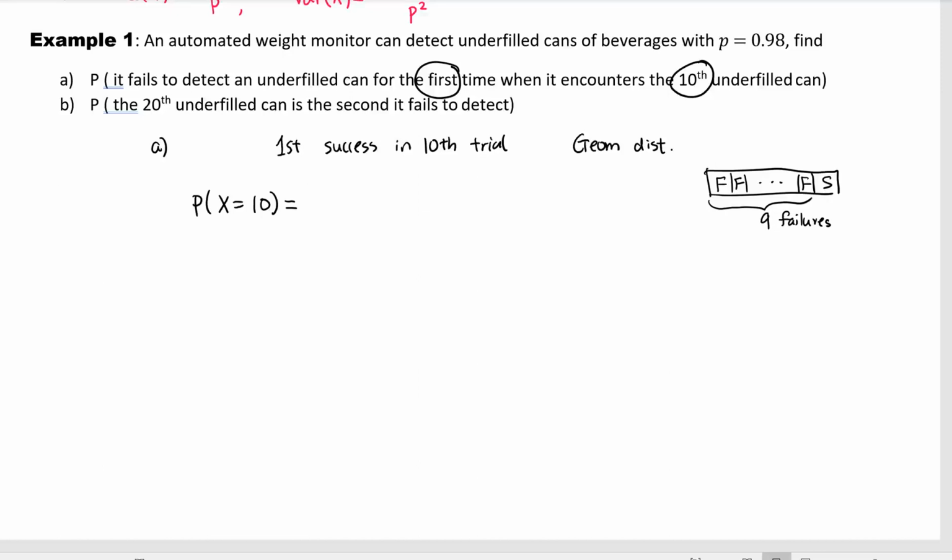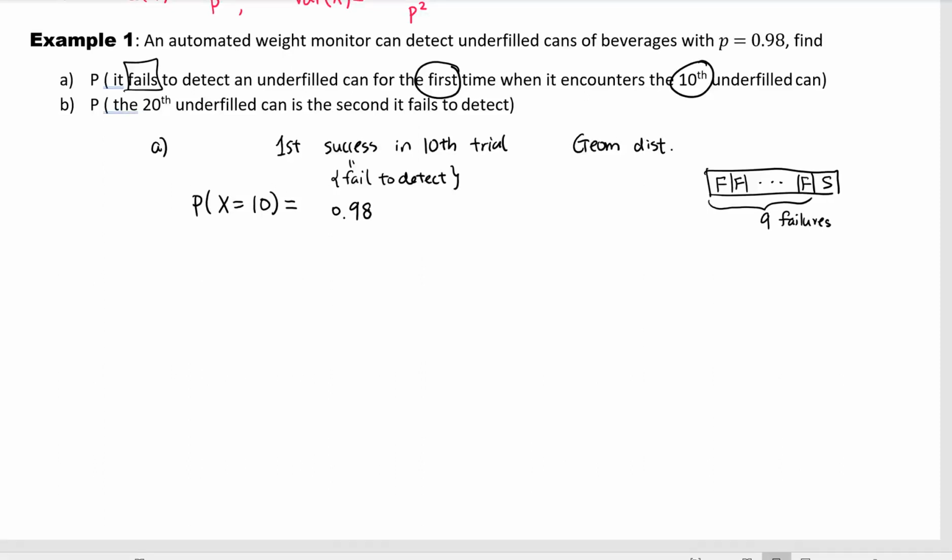Let's see, it fails to detect. Let's say success is fail to detect. Then failure is actually that it detects. So the probability of failure is the probability it can detect the underfilled cans, which is 0.98.